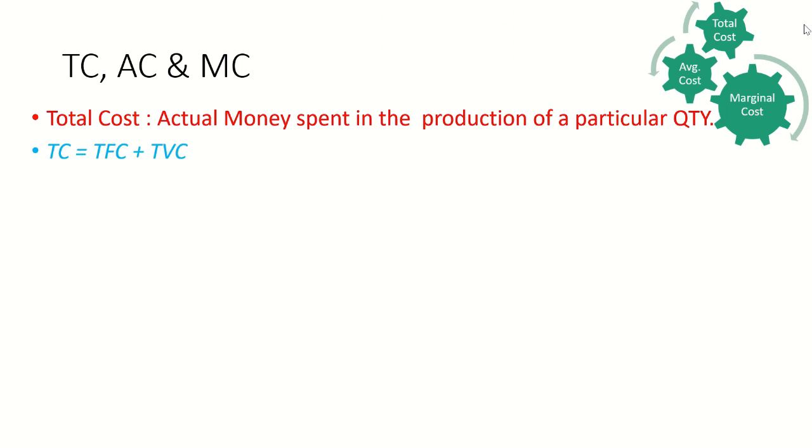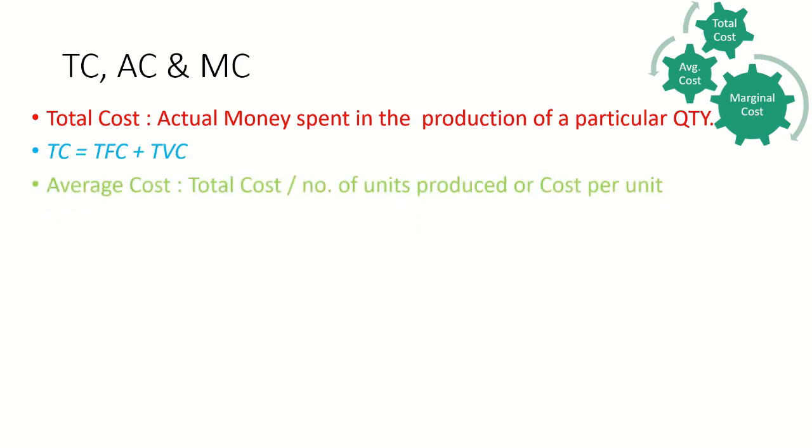So we understood the total cost, and the next one is average cost. Average cost is the total cost divided by the number of units produced, or cost per unit. We studied how to find the average. Average means total divided by number. So here it is the total cost divided by the number of units produced. In other words, it is the cost per unit.